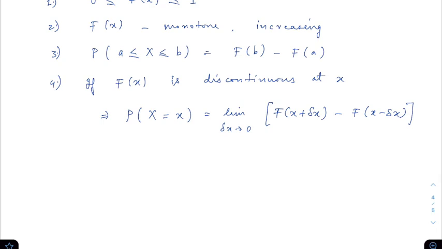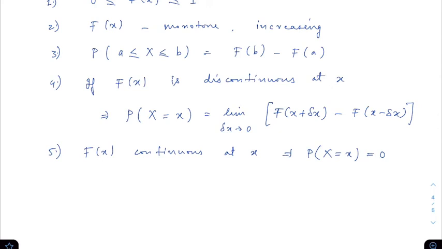And if the cumulative distribution function stays continuous at a given x, then that would imply that the probability of the random variable assuming that value is 0, which again falls back to the idea that since there are an infinite number of points, the probability of being at a single point is 0. Now it can be noted that the cumulative distribution function is more fundamental than a probability distribution function, because the cumulative distribution function is an actual probability rather than a probability density.